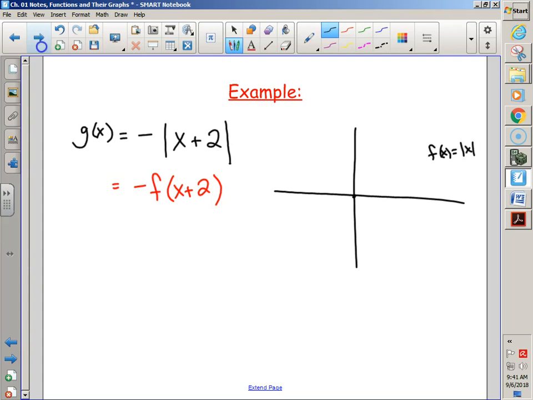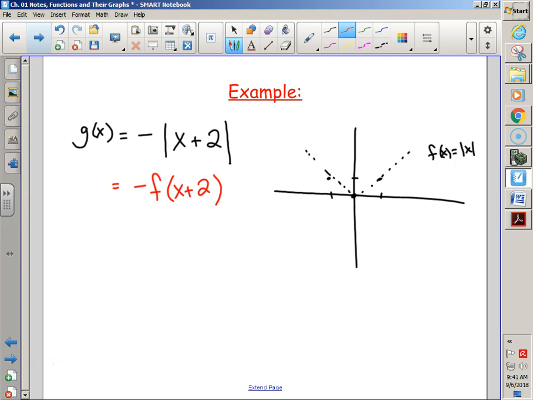Plug in 0, 0. Plug in 1, 1. Plug in negative 1, 1. What's going on with this guy? Left 2 and flip it how? Outside, vertical flip.